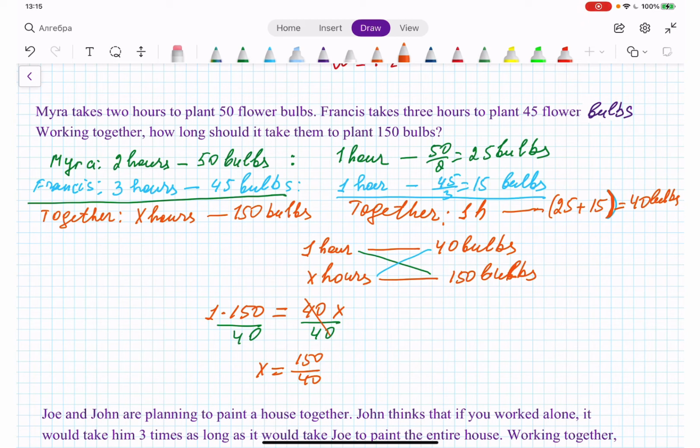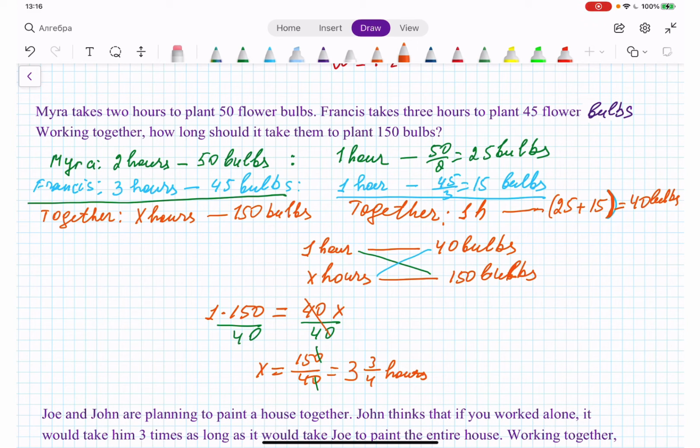The zeros cancel, 15 divided by 4 is 3, 3 times 4 is 12, and 3/4 hours. So it takes 4 hours without 15 minutes, 3 and 3/4 hours, or 3 hours 45 minutes. It should take 3 hours, 45 minutes for Myra and Francis to plant 150 bulbs together.